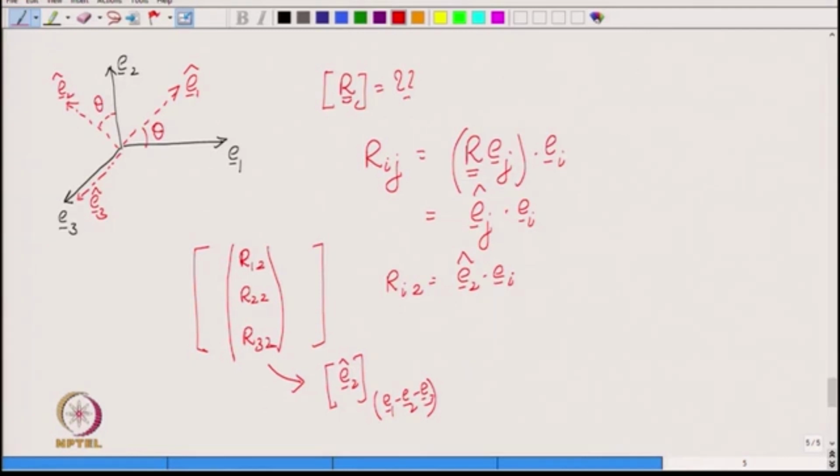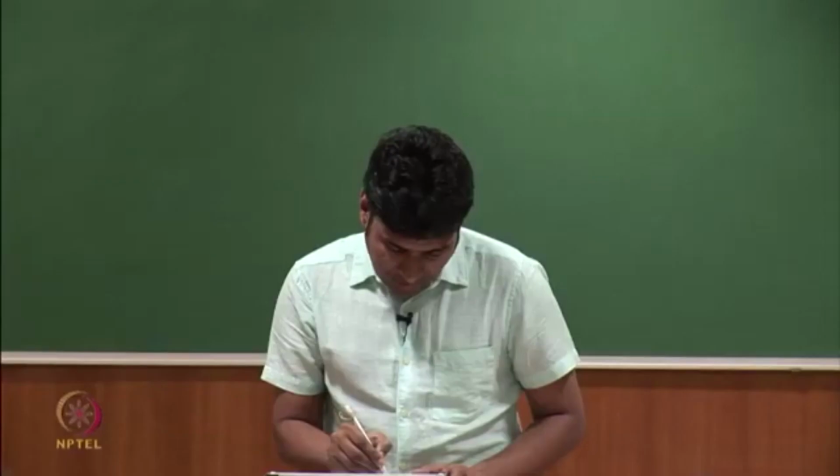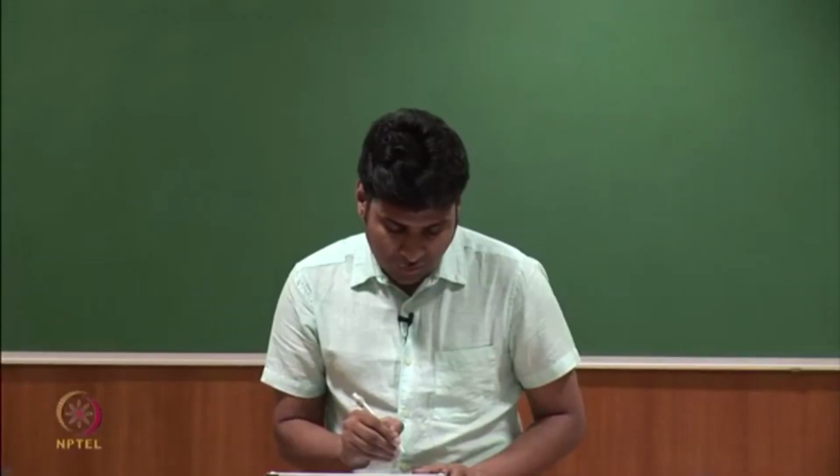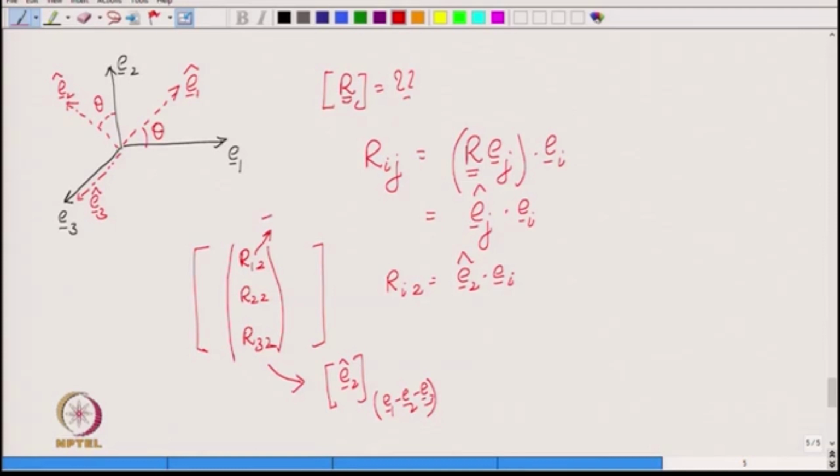So, R 1 2, E 2 hat dot E 1, is minus sin theta, R 2 2, that is E 2 hat dot E 2, is cos theta, and R 3 2, E 2 hat dot E 3, is 0, right.